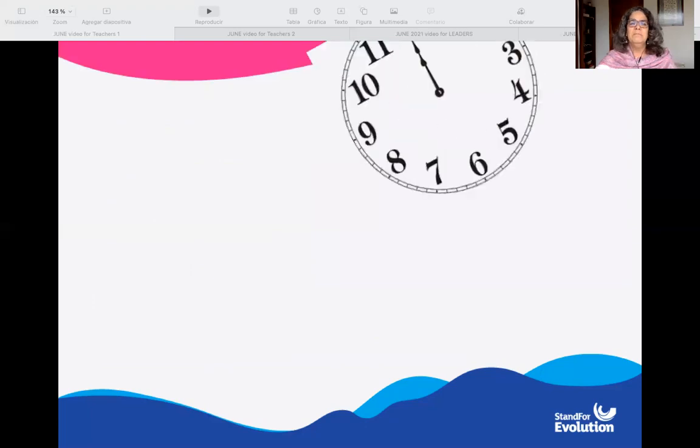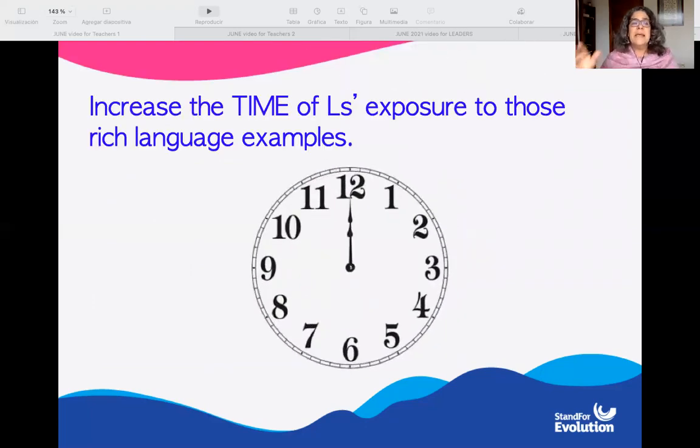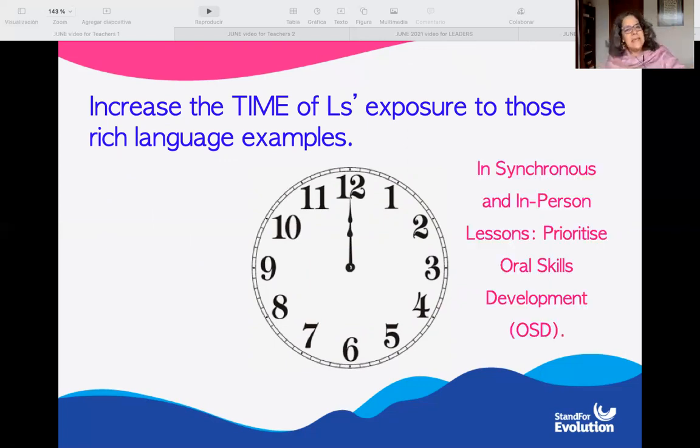It's very important that you increase the time of the learners' exposure to rich language examples. So devote most of your in-person time, of your synchronous teaching time, to oral work, please. And leave the writing, the coloring, the painting, the drawing for the asynchronous teaching.